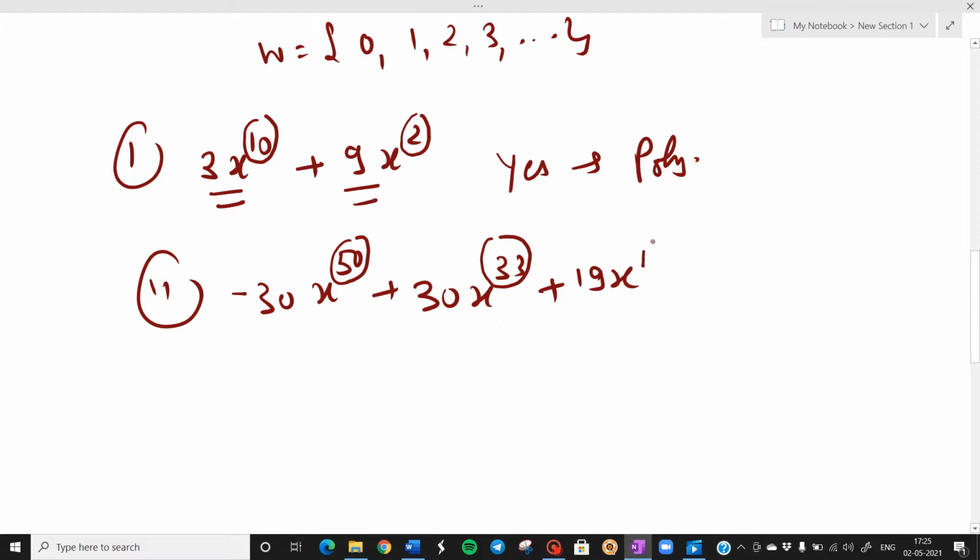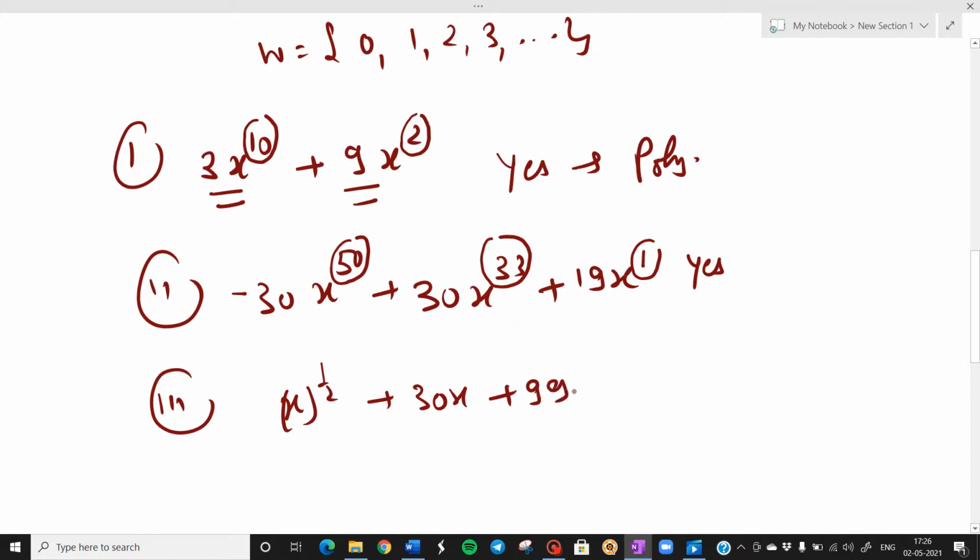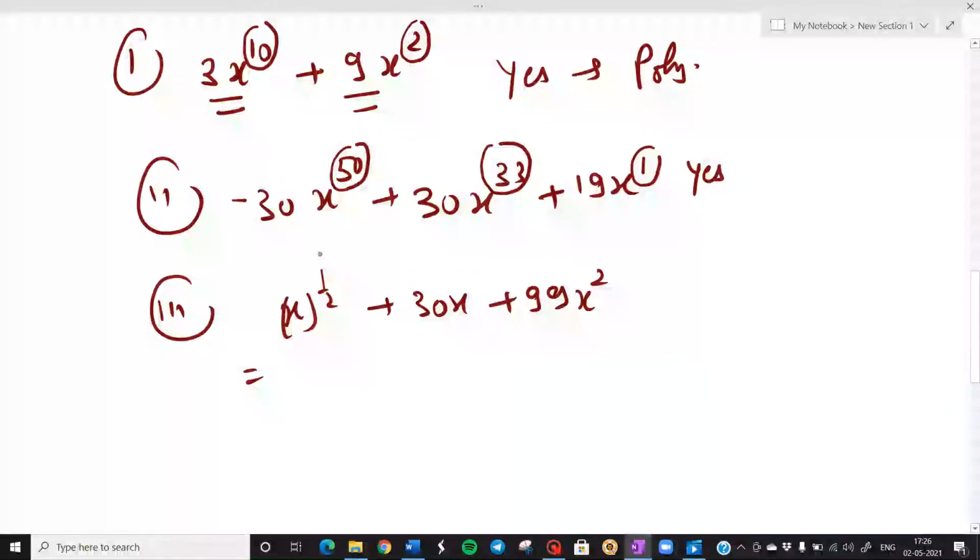And we can write 19x as x power 1, which is also a whole number. So yes, this is also a polynomial.